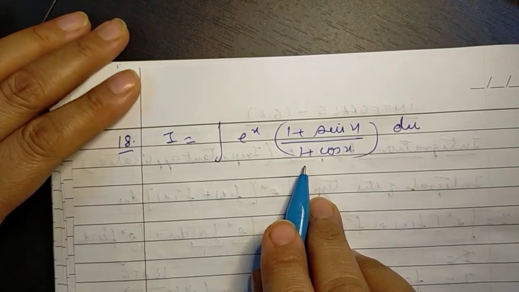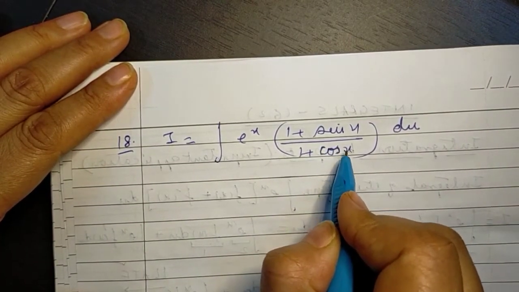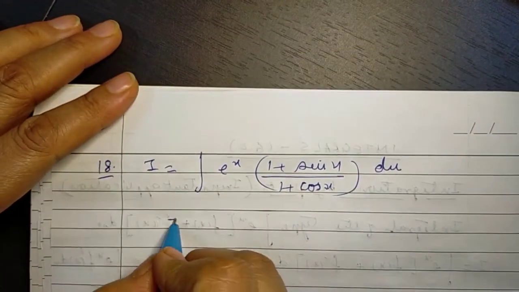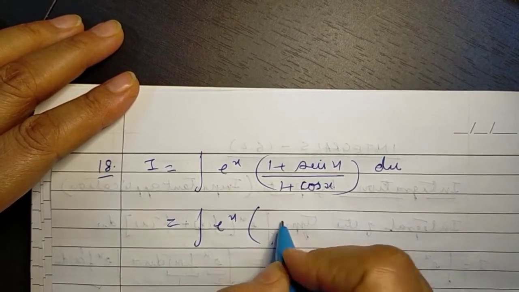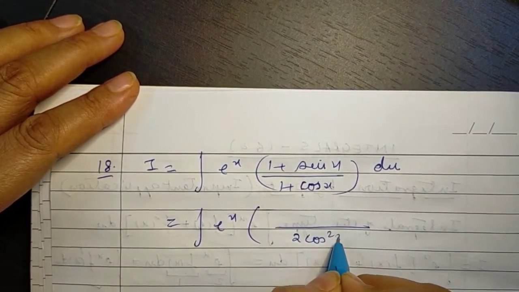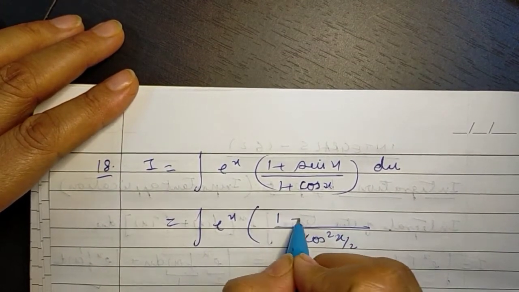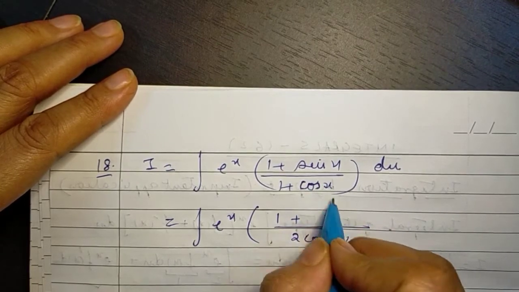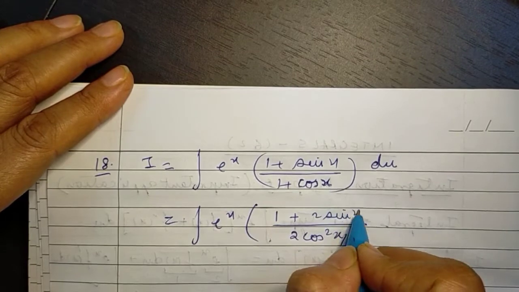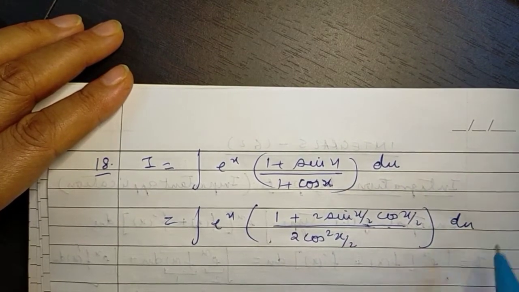Now here what we can do is, let's replace this 1 plus cos x. We know it's a standard result, so we can rewrite this as 2 cos squared (x by 2), and this 1 is as it is, and sin x also can be written in terms of x by 2 as 2 sin (x by 2) cos (x by 2) into dx.